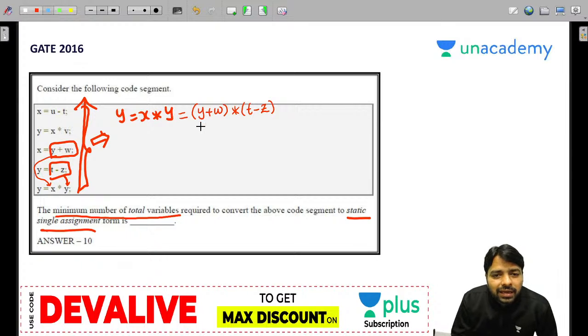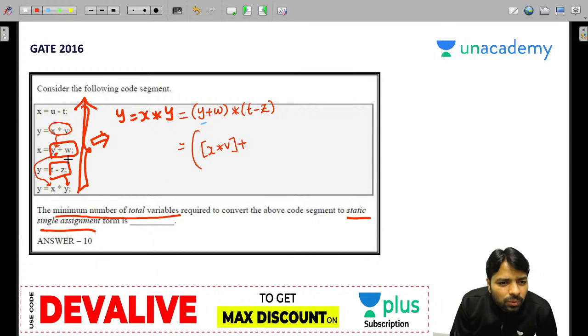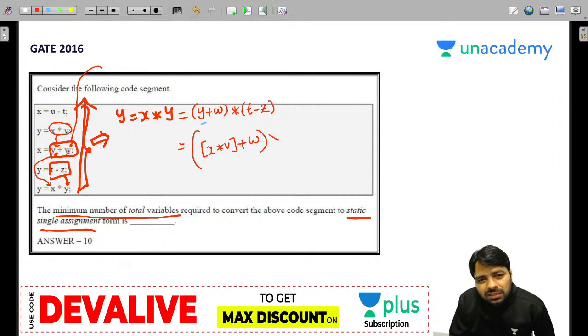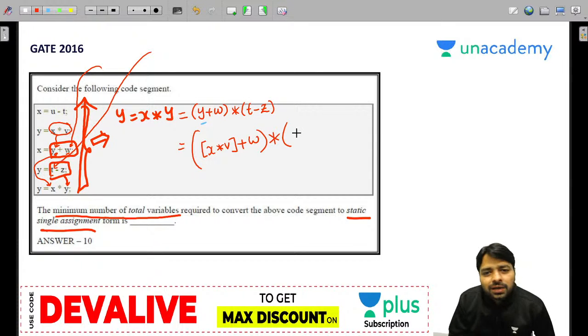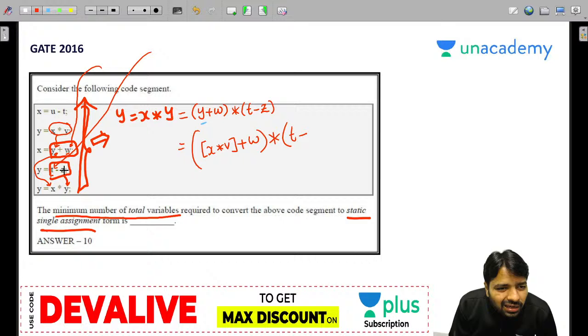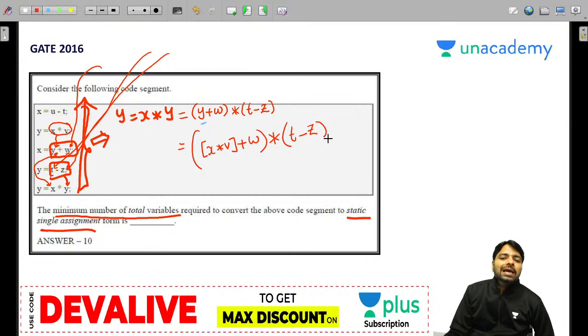Inside this y, what is that y? This y is nothing but x star v, so we will do that one at a time. x star v plus w: this comes straight from outside, you don't touch anything, just write w. Star t: t also comes from outside, don't touch it, t minus z. Did we compute anything inside? No, this also comes from outside, so no tension. Leave it as it is.